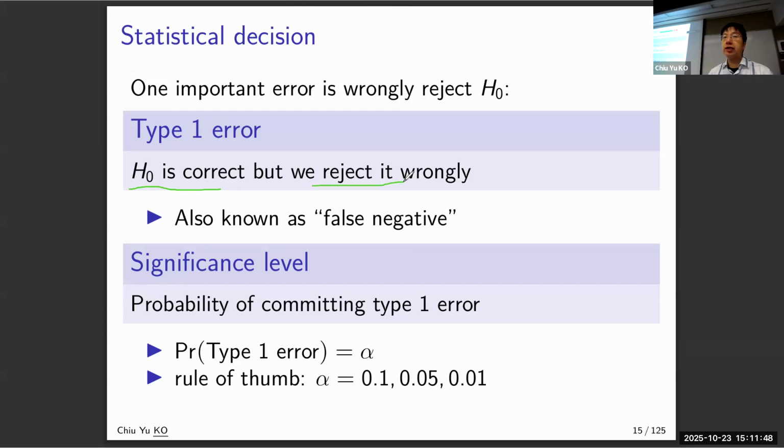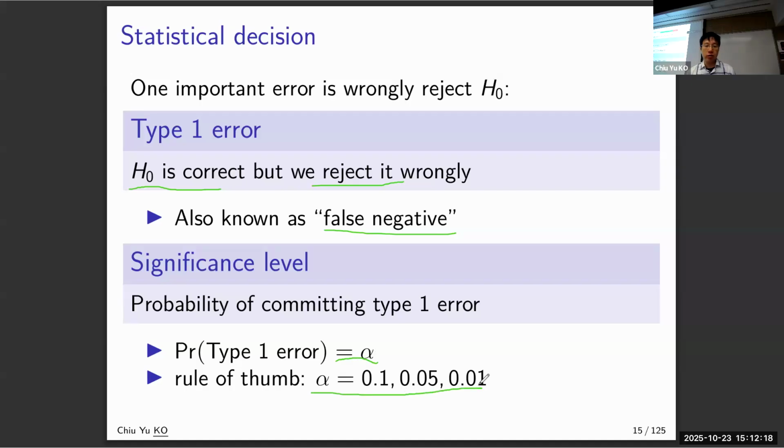The null is right, but we reject it. Okay. And that is known as false negative if you go to the medical school. And the probability of making type 1 error is denoted as alpha. Okay. And alpha, the rule of thumb will be 1%, 5%, 0.1%.